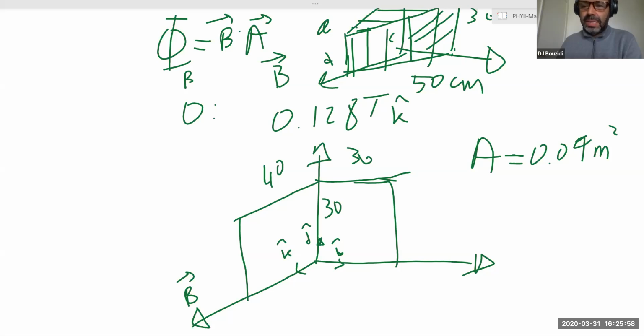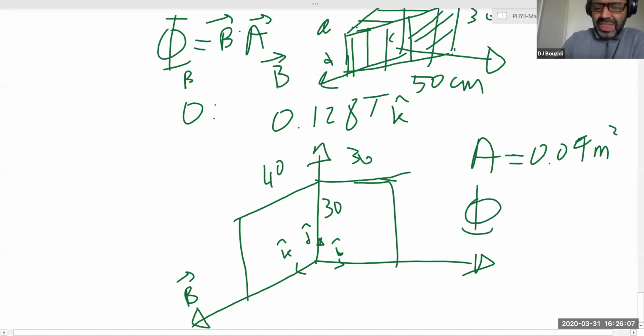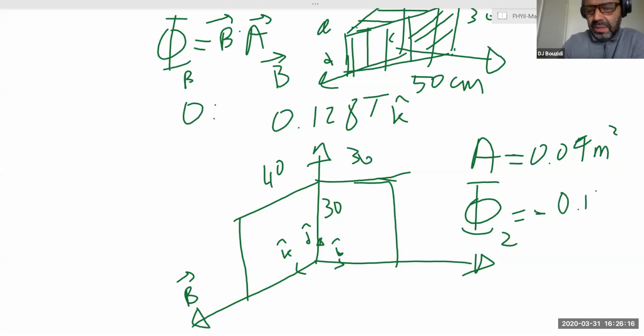So what he's saying in here, if I can understand it, is the flux in this area now. This is phi 1, the one that we found is equal to 0. Phi 2 now is going to be negative 0.128 Tesla times 0.09 meters squared.